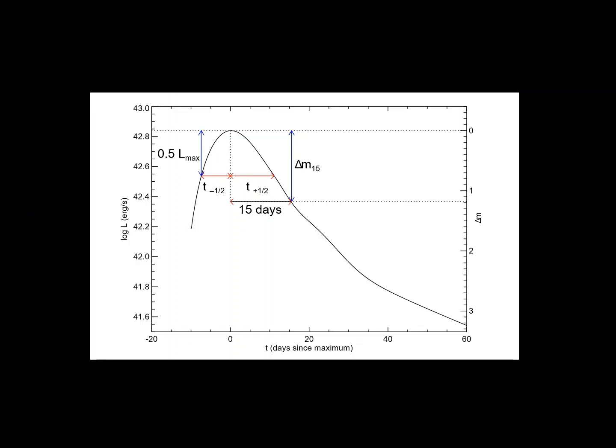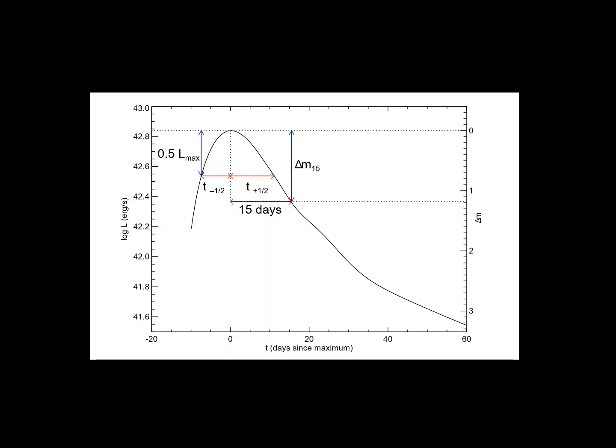Here we can see different parameters of the light curve of a type 1a supernova. These are the same delta M15 linear decline parameter, and t plus half and t minus half. What are these? The t minus half is the time taken by the supernova to increase its luminosity from half of its peak value to its highest peak value.